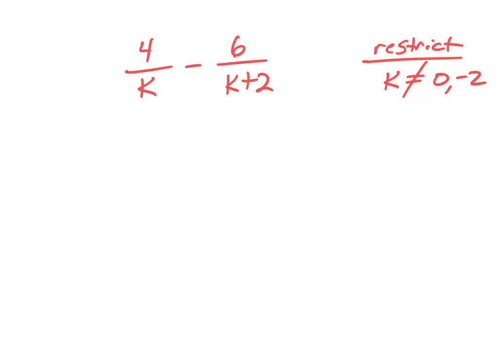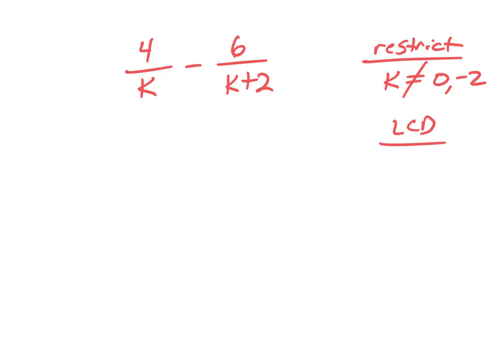In some cases, we may have 3, 4, 5 restrictions if I have a bunch of stuff on bottom. My LCD. We haven't done one like this yet. These are two different factors. Okay? K is a factor, K plus 2 is a factor. So if I'm asking for the LCD, what do you guys think it's going to be?